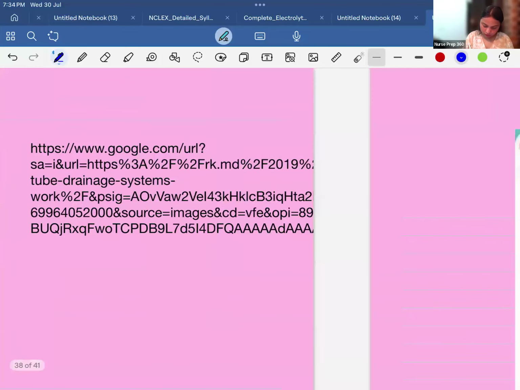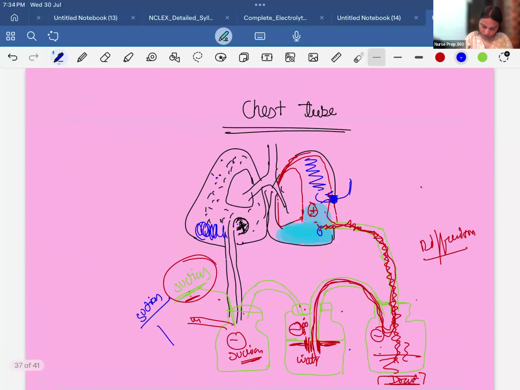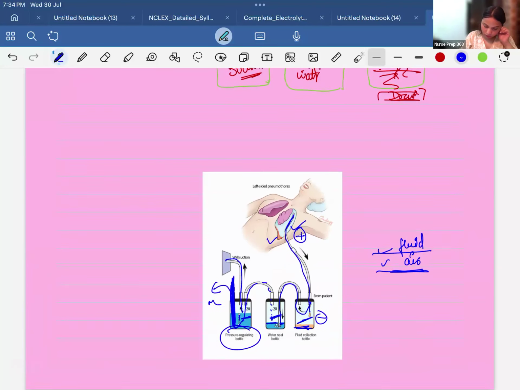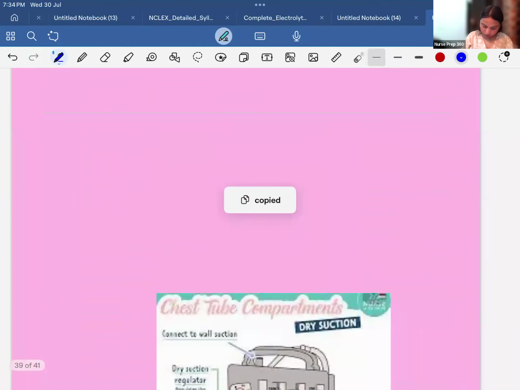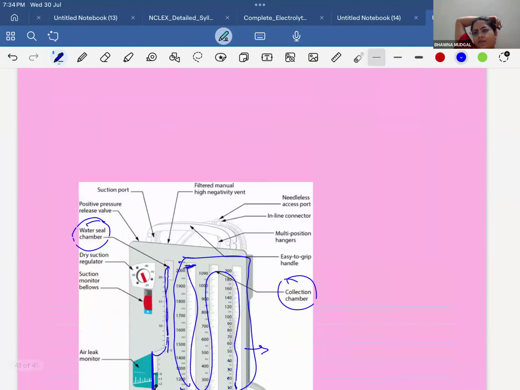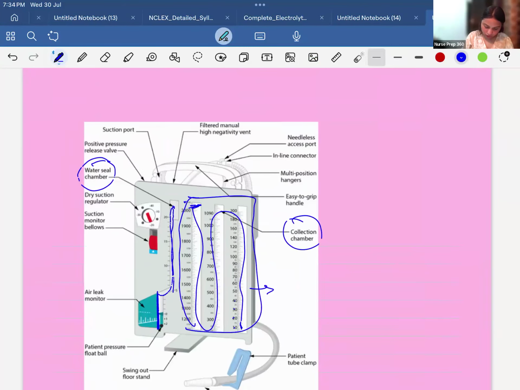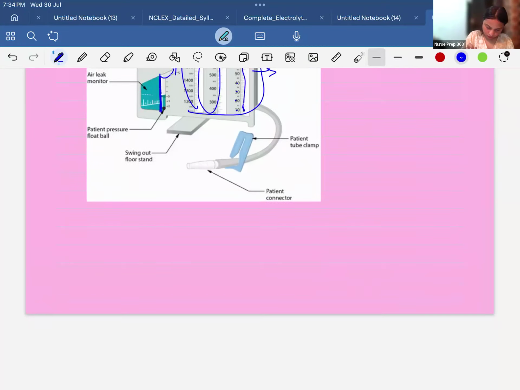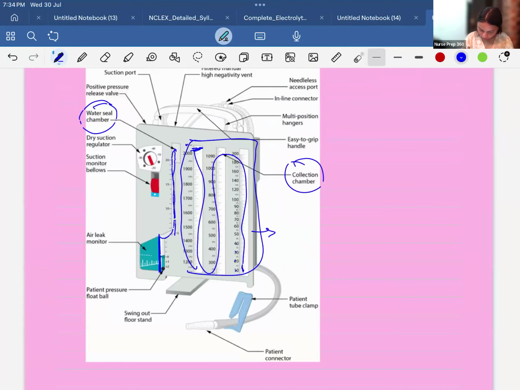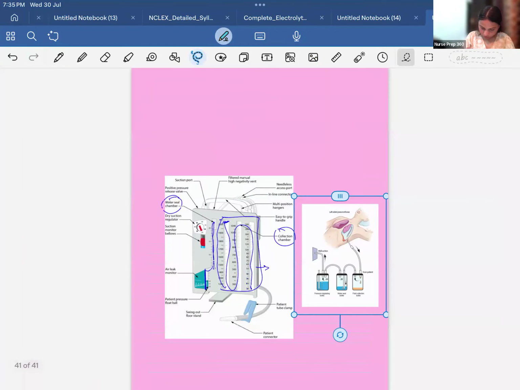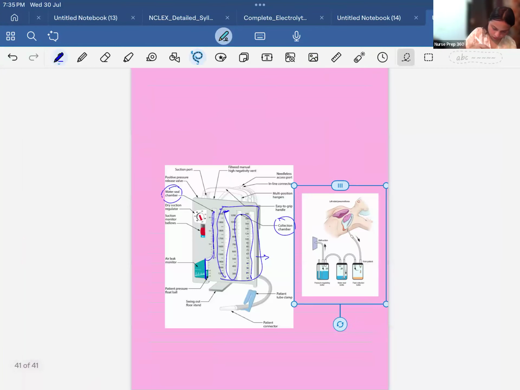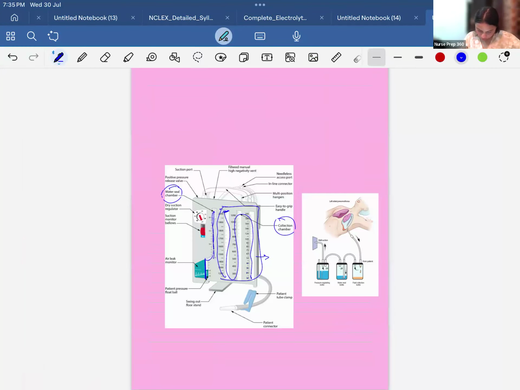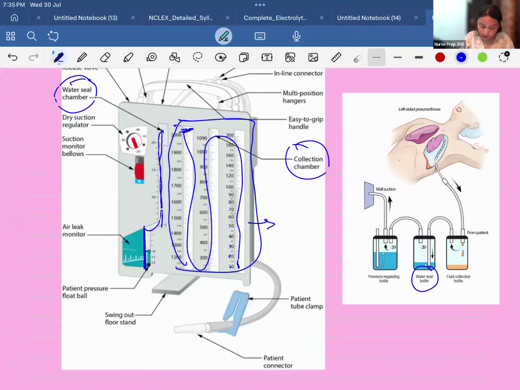Yes, ma'am. Let me keep this parallel to each other. Can you see this water seal bottle? Can you see this water seal chamber?